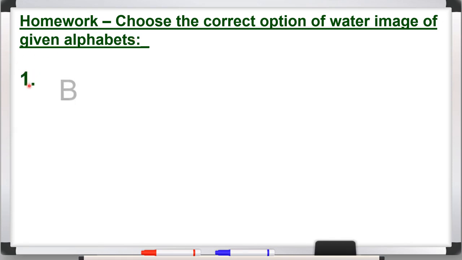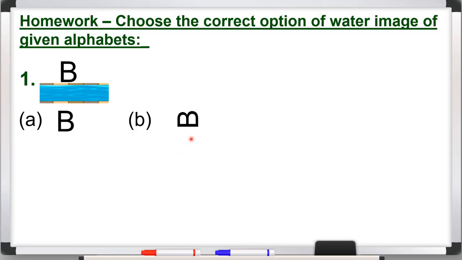In question number 1, it is given B, and this is water. Now options are A like this, B like this, C like this, and D like this.